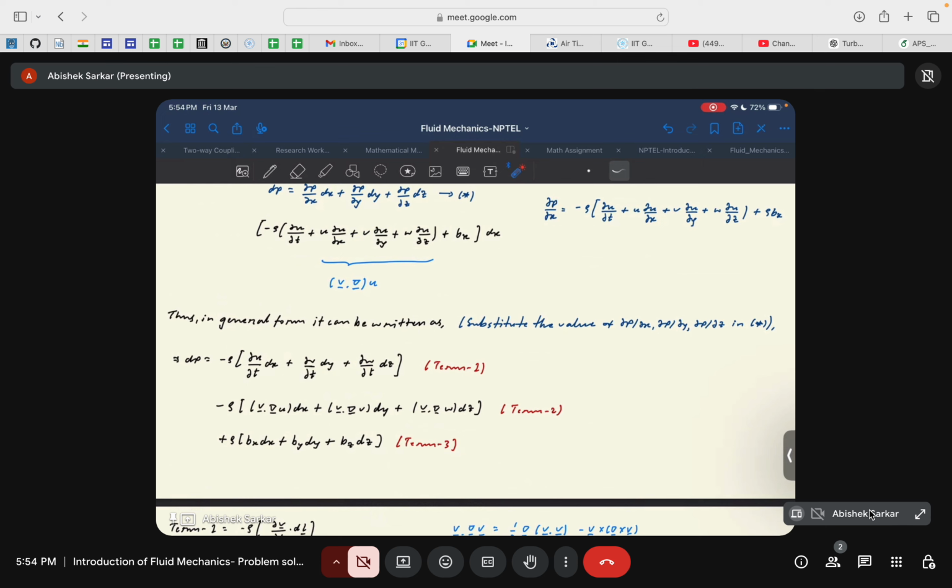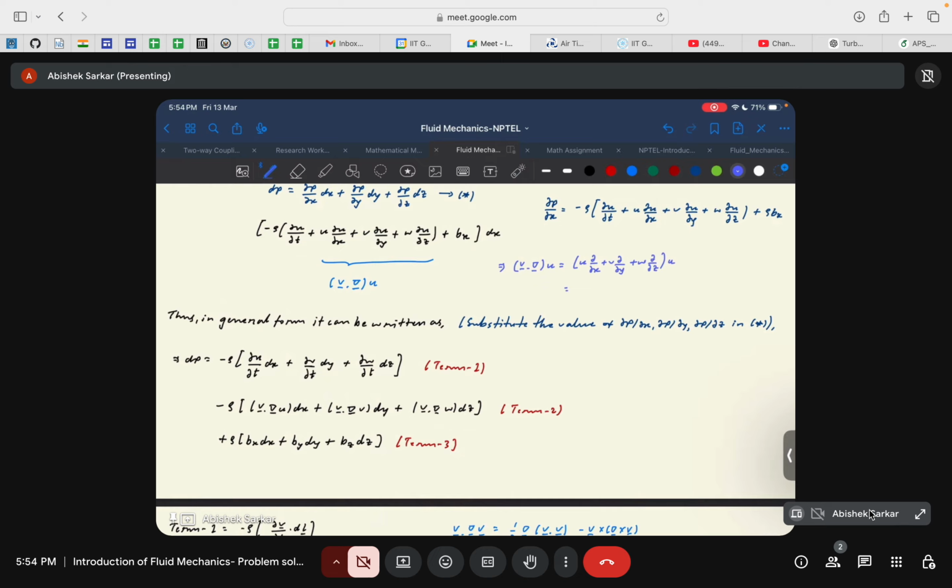Just to remove confusion, v dot del u would be something like u dou by dou x plus v dou by dou y plus w dou by dou z operating on u.